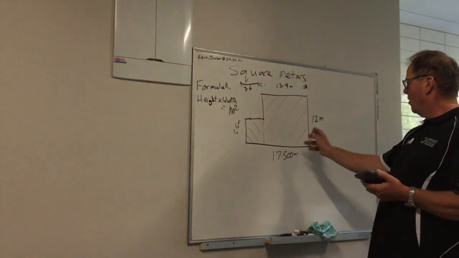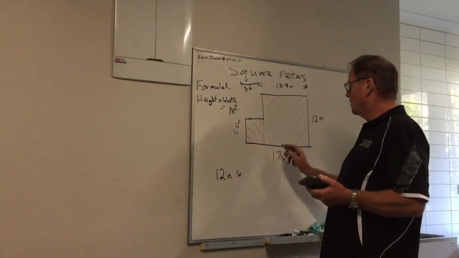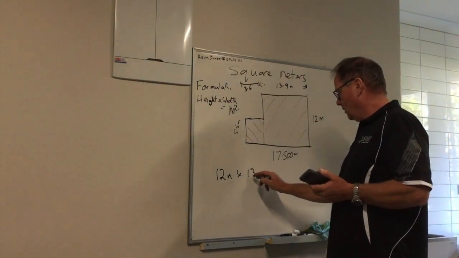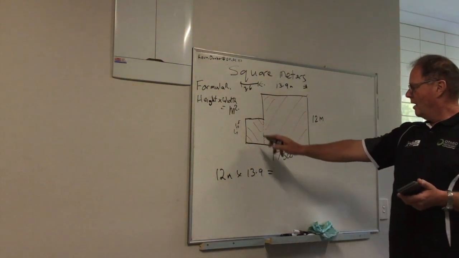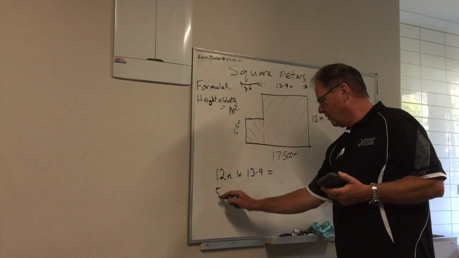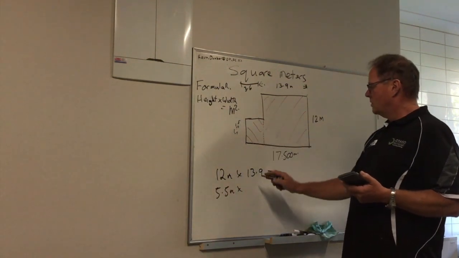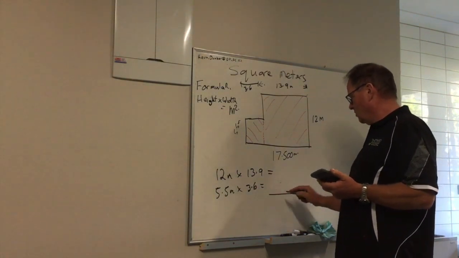Our height, 12 metres, times our width, 13.9. Then our smaller square, our height is 5.5, times 3.6, our width, and then we'll add those two together.